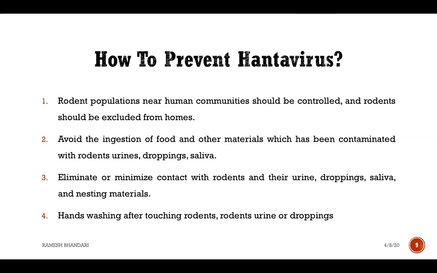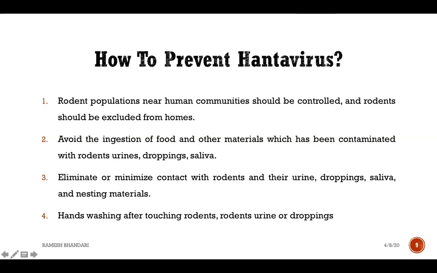The third step in prevention and control is to eliminate or minimize contact with rodents and their urine, droppings, and saliva.